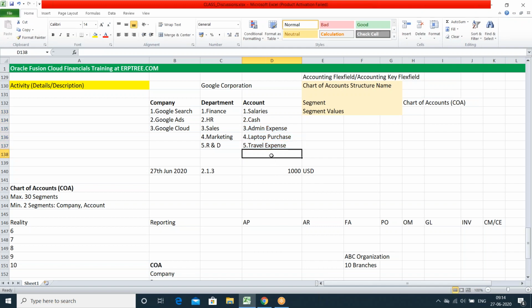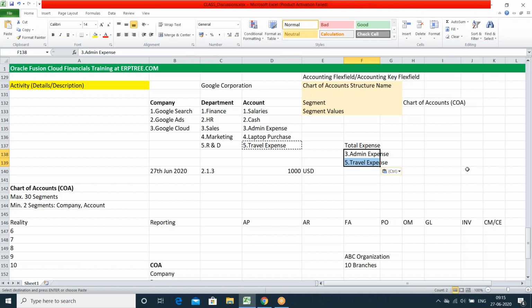For those 10 expense accounts, you create one account called the parent account, say total expense. Under that, you take all the expense accounts, such as admin expenses and travel expenses. This becomes the parent account and these become the child accounts.